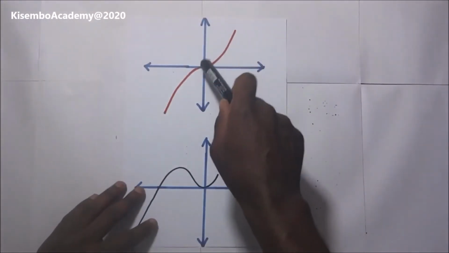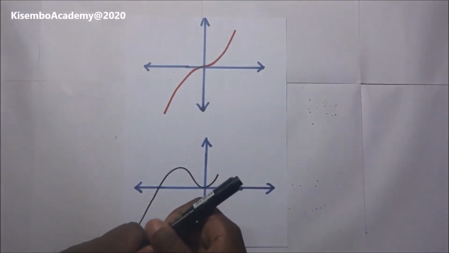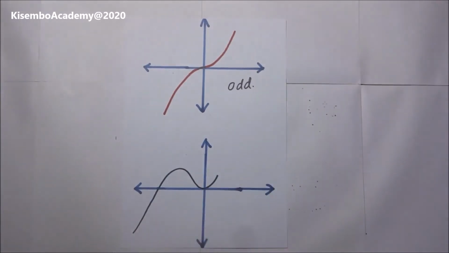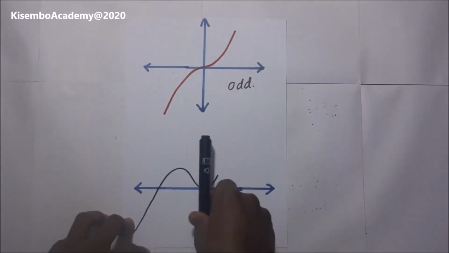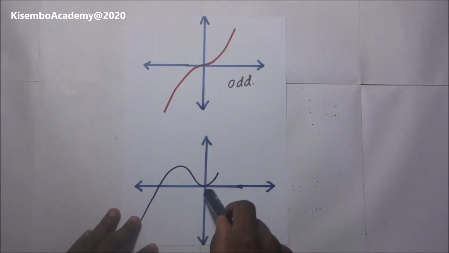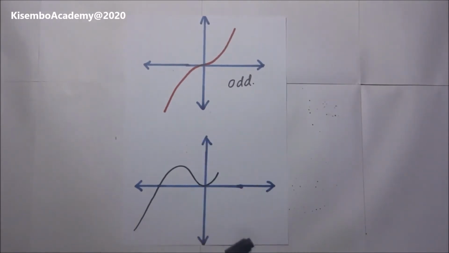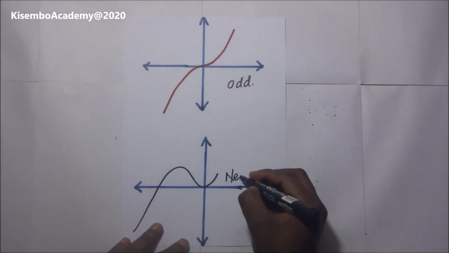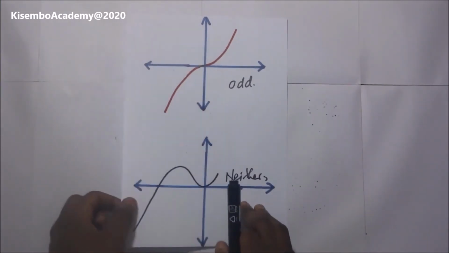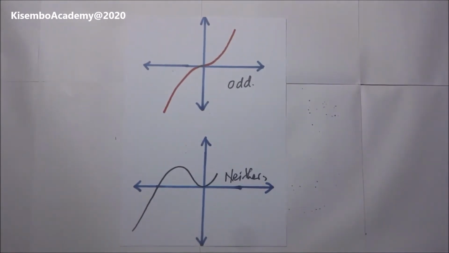So because it is symmetrical about the origin, it is an odd function. This one is not symmetrical about the y-axis. It's also not symmetrical about the origin. So this one is neither odd nor even.